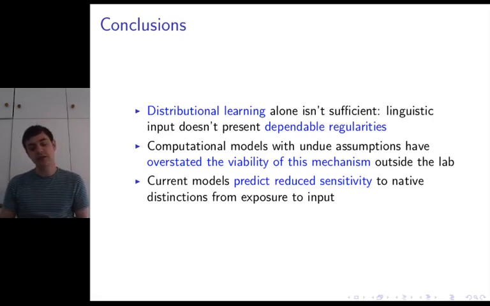Computational models, really there's a methodological point that I want to make about whether these are successful or not. Really, the assumptions behind them matter, and we want to closely model infant learning if we want to make relevant comments about the viability of specific mechanisms. And if anything, these models predict that learners should have a reduced sensitivity to native distinctions, rather than a pattern of maintenance.